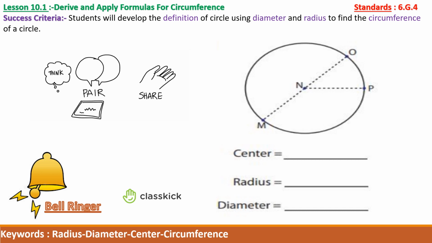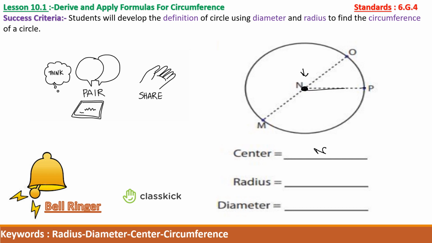Now look at this and identify the center. What is the center? The center is the middle point of the circle. So the center is M, right? Now what is the radius? You can see here there are many radii. The radius is the distance from the center to one point on the circle.